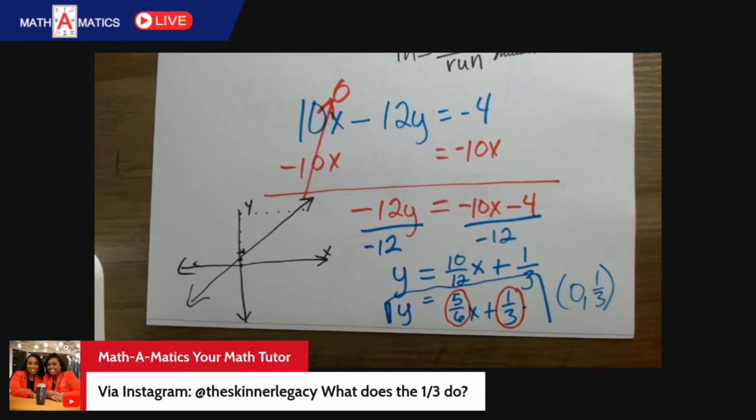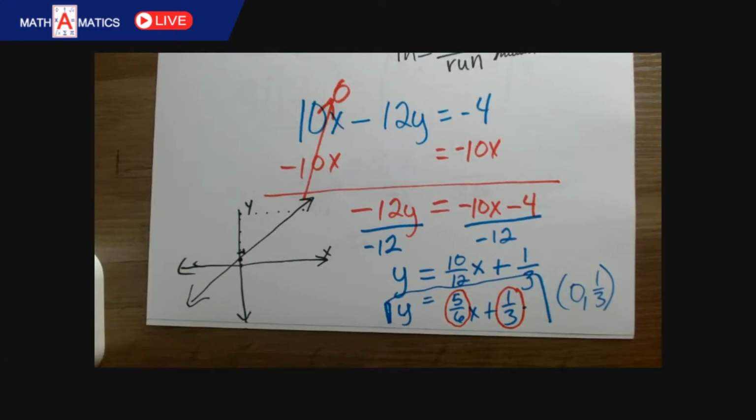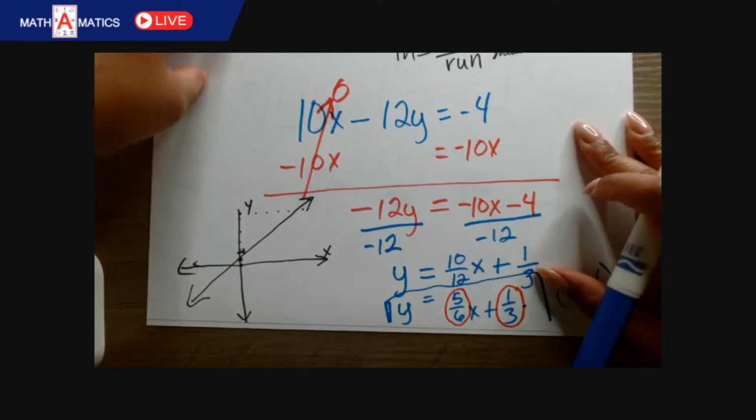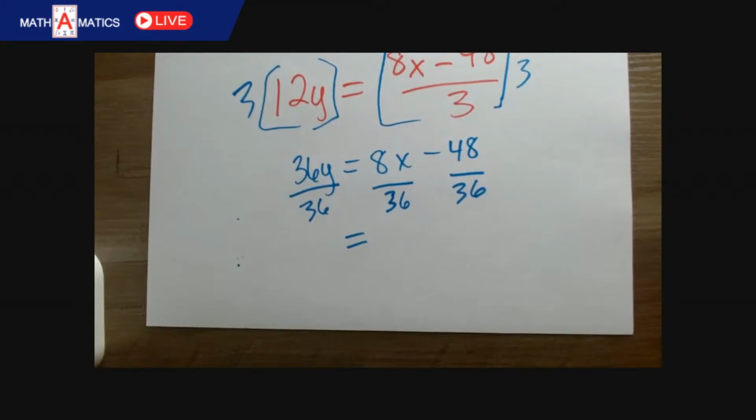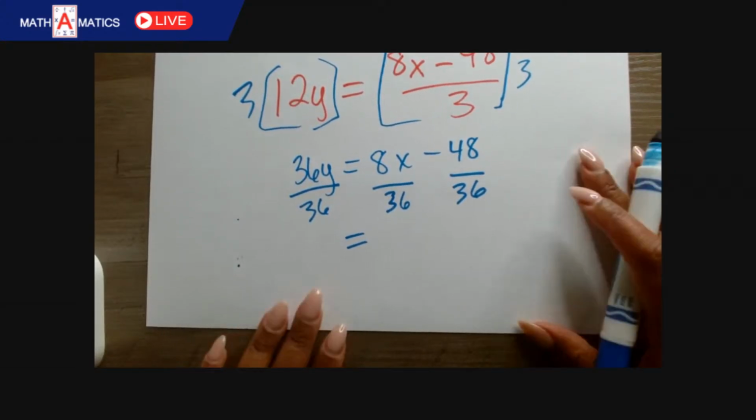And if you want to, you can change that into a decimal, which is like 0.33. So that would be your y-intercept. And that would be where it would be on the graph. Let me know if you understand that or if you need me to come back to explain that. And I'll show it in this problem too.